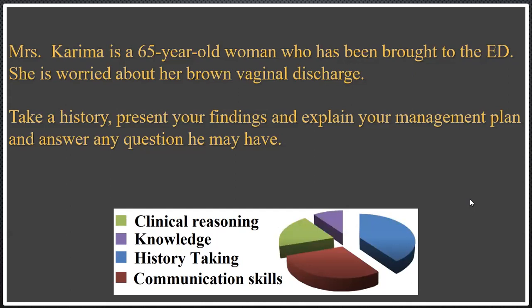How many pregnancies did you have? 3. Any miscarriage or any abortion? No. Okay. So do you have any heart racing or dizziness? No. Do you have any other symptoms? No.